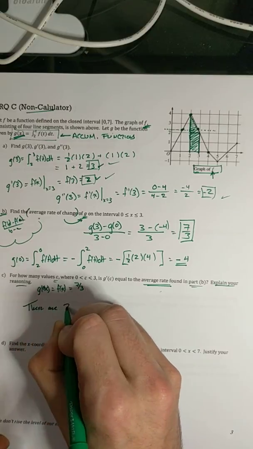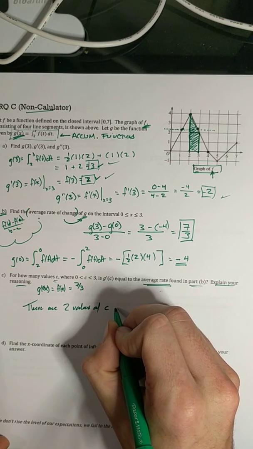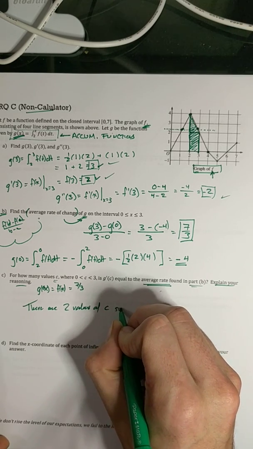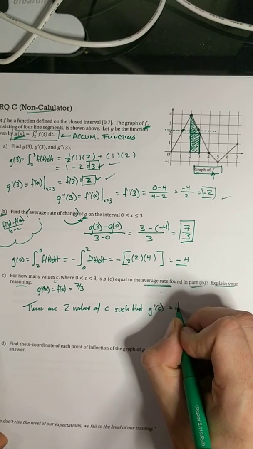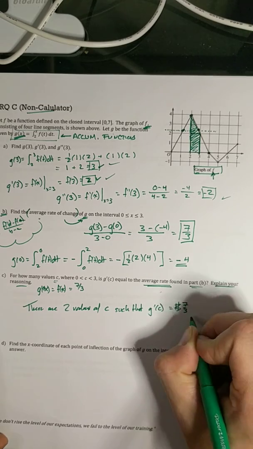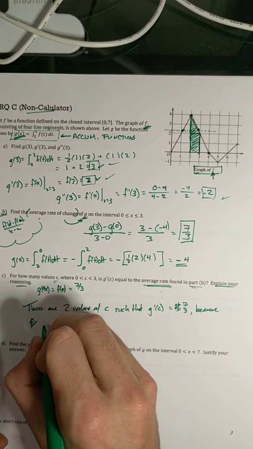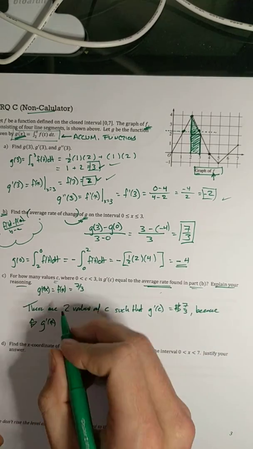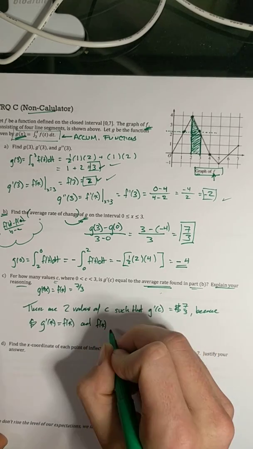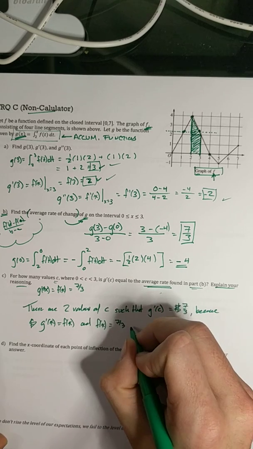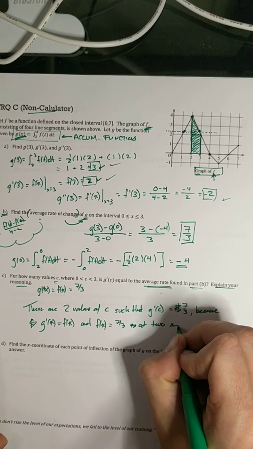There are 2 values of c such that g prime of c equals 7/3, because, here's where we get to the explained part, g prime of x equals f of x, and f of x equals 7/3 at 2 x values.